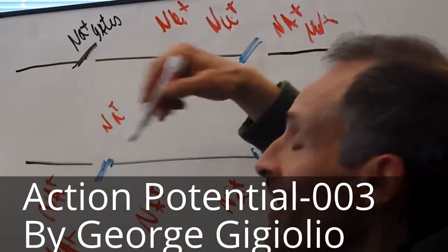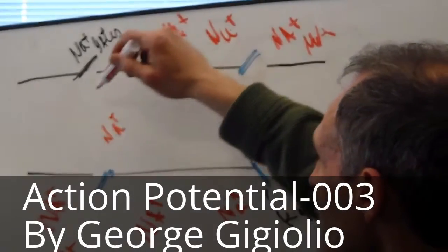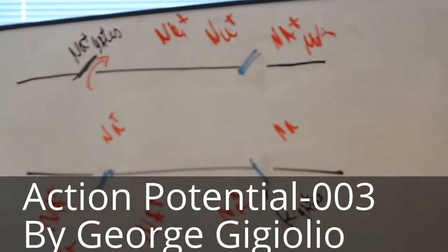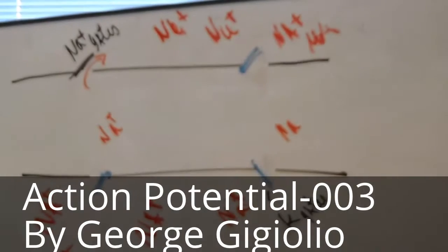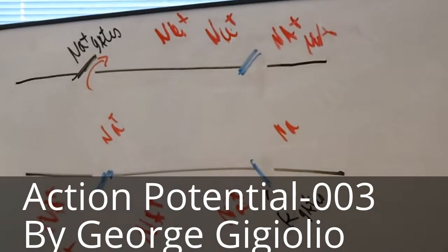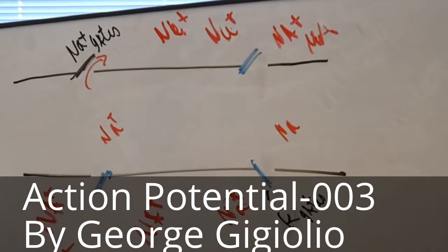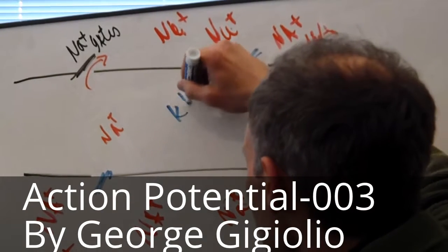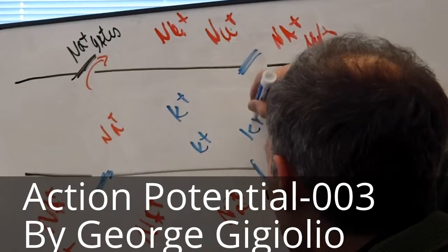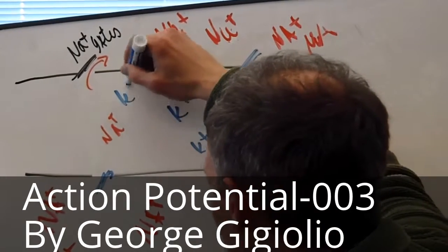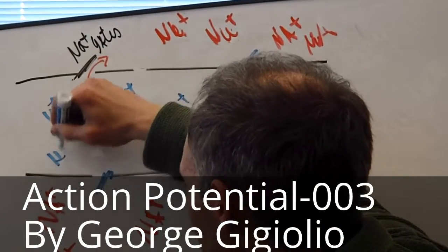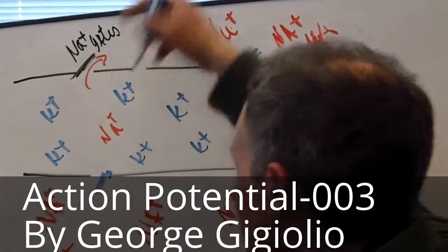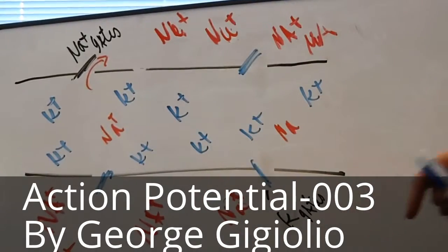Initially, the sodium is pumped out of there. Now what we have is potassium. There's potassium on the inside, more potassium on the inside than on the outside. But you're saying, wait a minute, that gives you a positive charge outside and a positive charge inside.